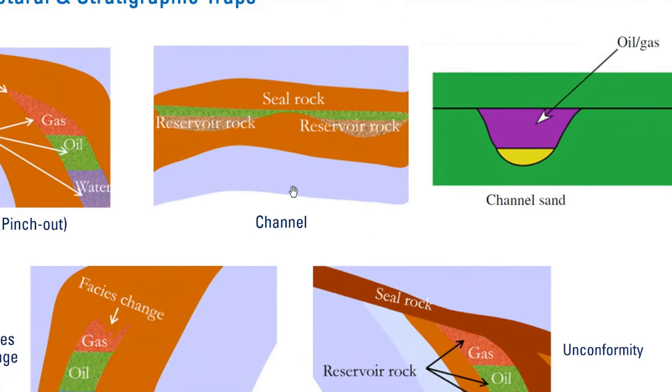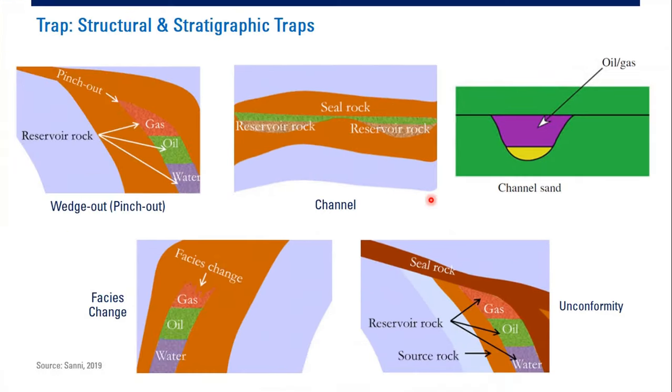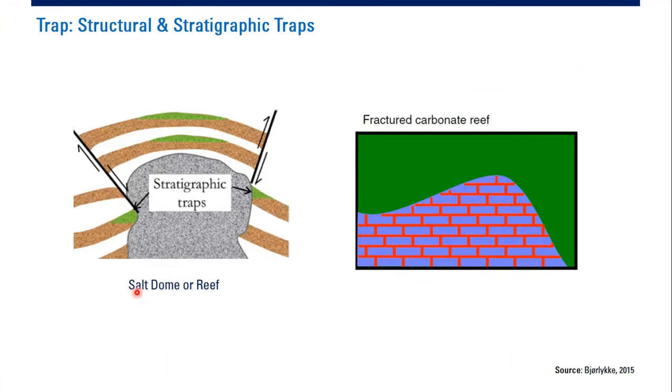Here we have a channel. For a channel, thousands of years ago it was actually a river, and we usually call it a channel reservoir. Again, salt dome or hydrocarbon or fractured carbonate reef. A carbonate reef can be a good reservoir. Previously, before it was a reservoir, it was a pile of coral.